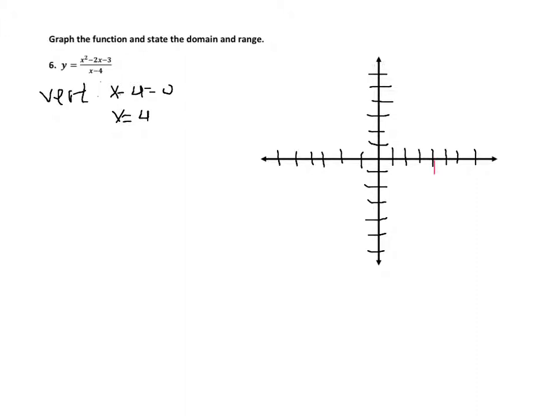So at x equals 4, I can draw the vertical. The horizontal, there are none.